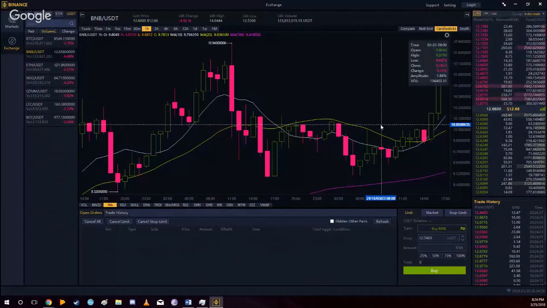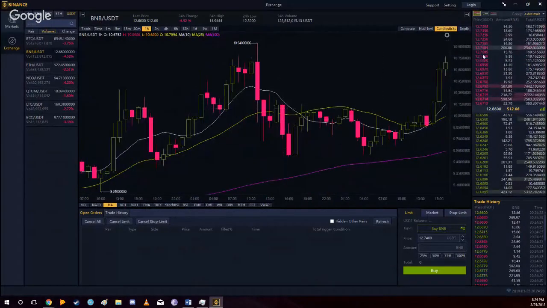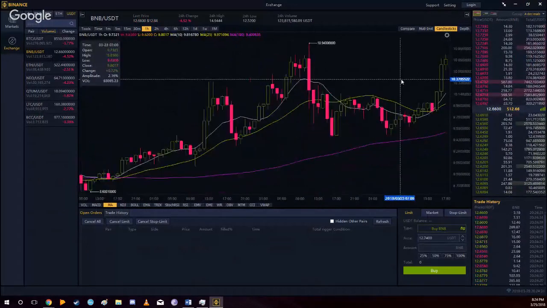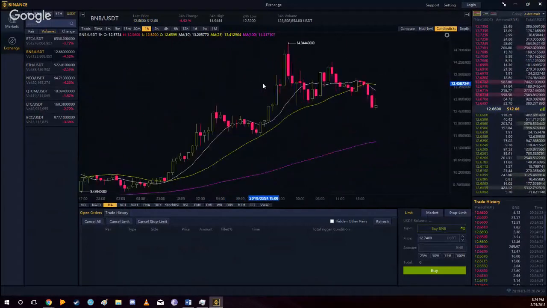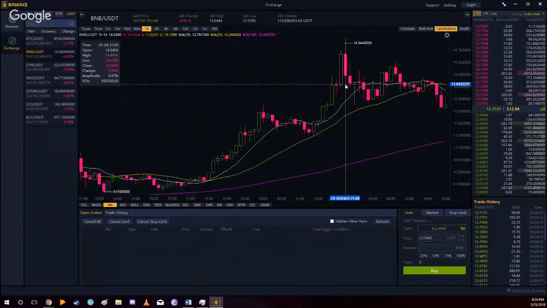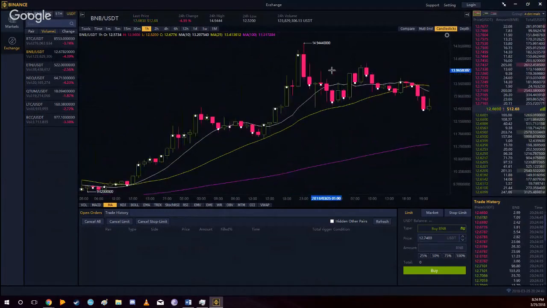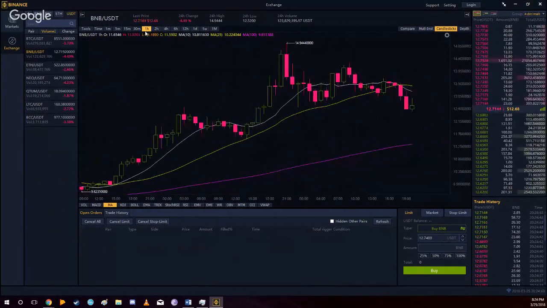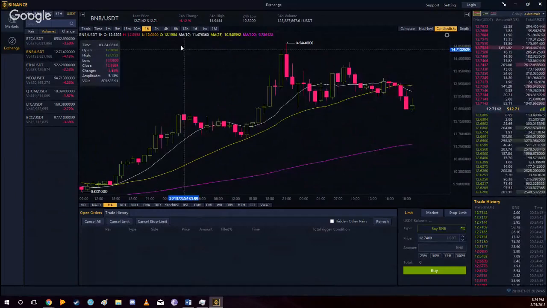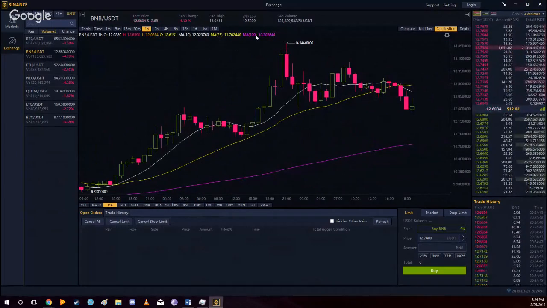Okay, what I do for trading right now. Let's look at the current BNB chart to get a live feeling for a trade right now. I'm on the 1 hour candle with MA 10, 25, and 100. Those are usually the most commonly used moving averages.